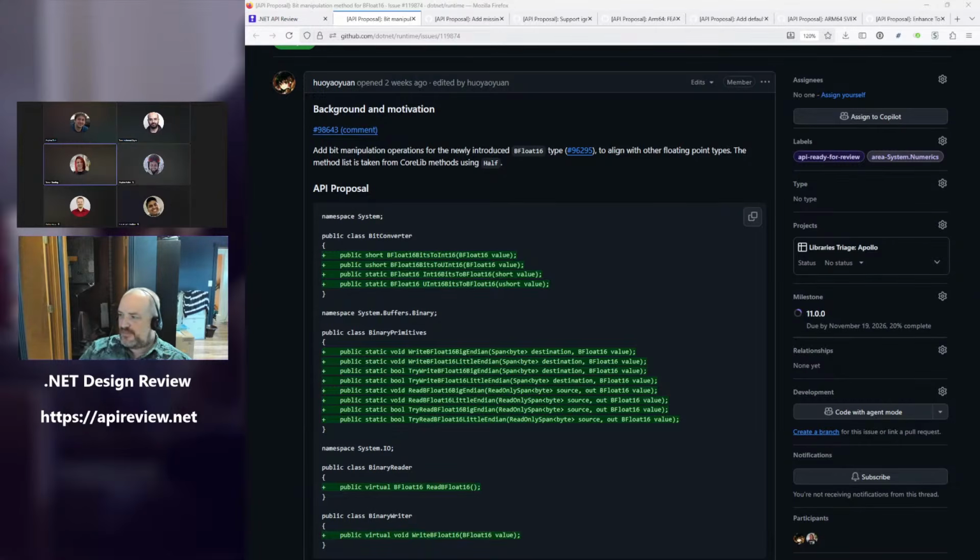The lower 16 bits are effectively truncated with some minor nuance around rounding. We have a set of APIs that exist for many of the other primitive and numeric types, particularly for floating point: on BitConverter for getting the underlying raw bits, and then on BinaryPrimitives and BinaryReader/Writer for working with those types.